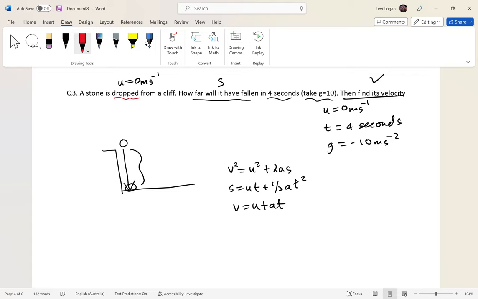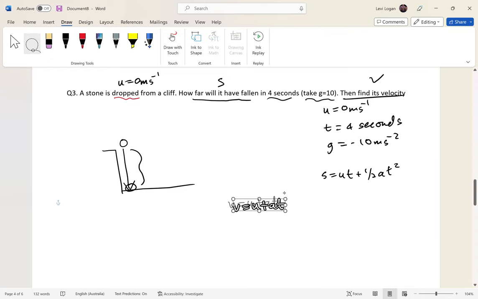We have u, so we can use all of them. We have t, so we can only use this one or this one. And we have a. We're looking for distance and final velocity, so we're going to have to use this one and this one, both of them. So we don't need this top one anymore, and let's move that there and move this here.